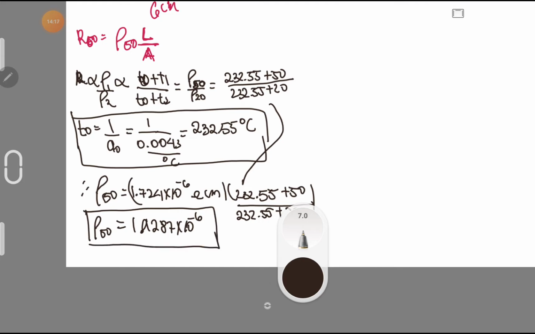Okay. So, ayan yung magiging rho 50 natin.